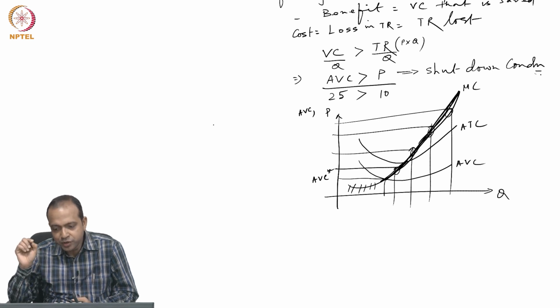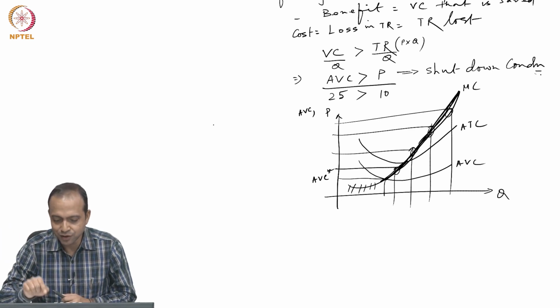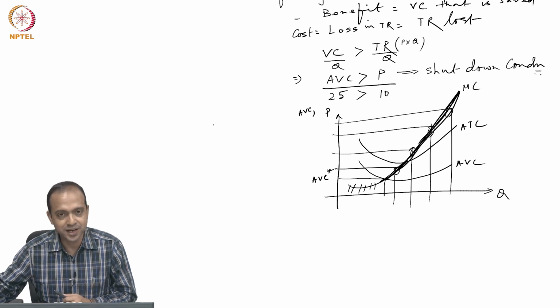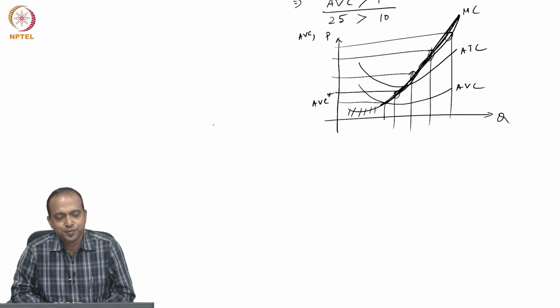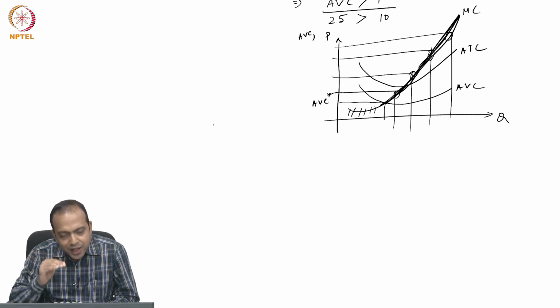Minimum it should be AVC to be alive in the market, otherwise the farm will shut down, and the shutdown condition is P less than average variable cost. Okay. You shut down and then wait for market conditions to improve.